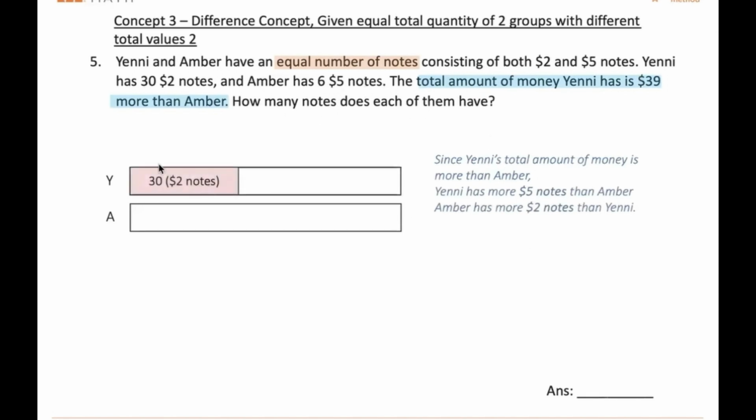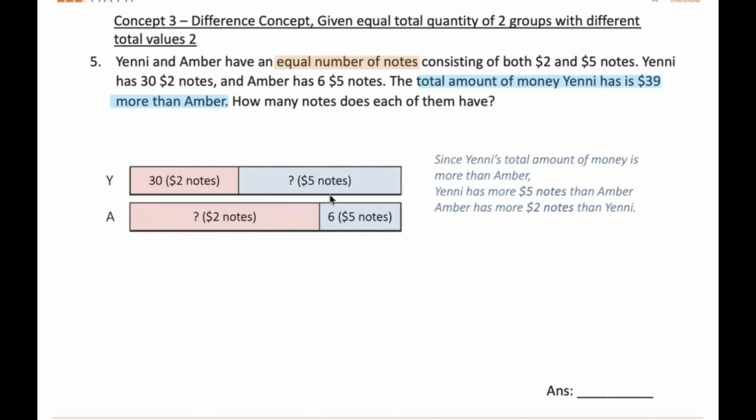Okay, let's draw a model. 30 $2 notes, then the rest are $5 notes. But we do not know how many $5 notes Yanni has. We know that Amber has 6 $5 notes, but the number of $2 notes we do not have.